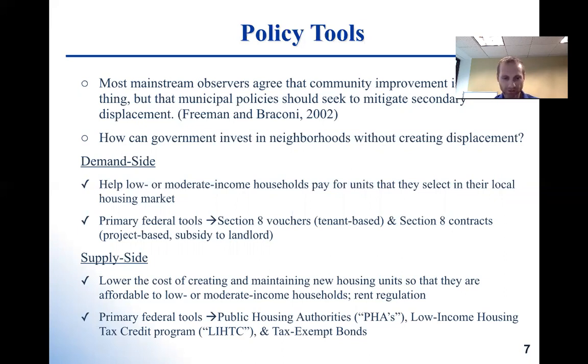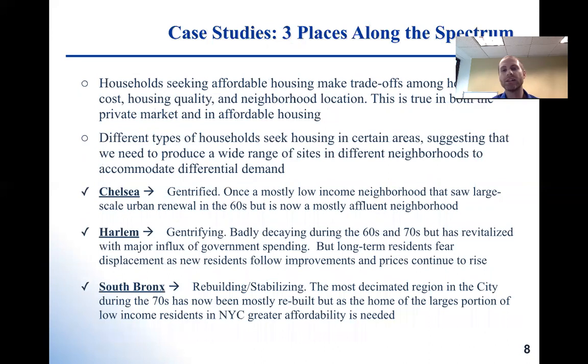And there are different federal tools like the public housing authorities, low-income housing tax credit, and also tax-exempt bonds. So there are a lot of different policies that try to help reduce the likelihood that poor households will have to be displaced.